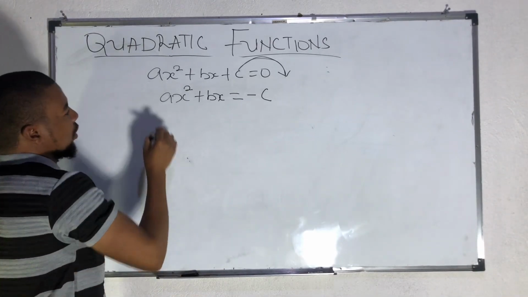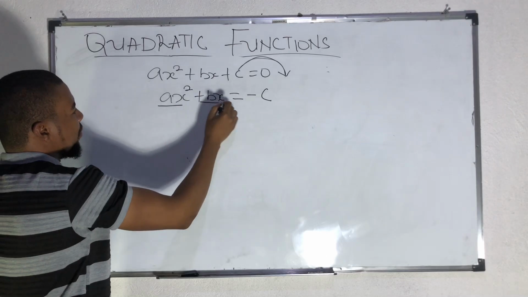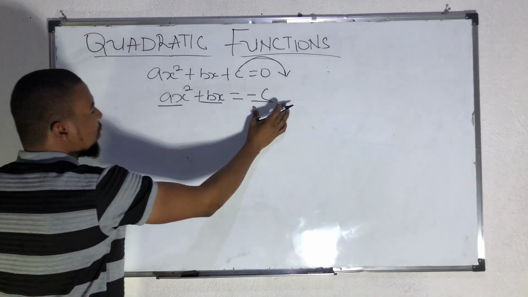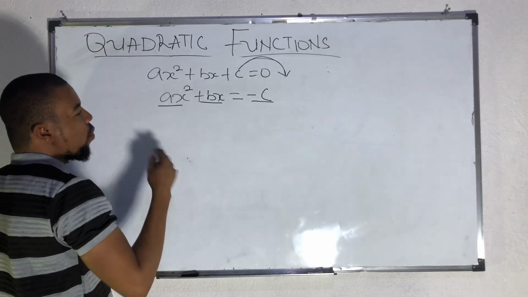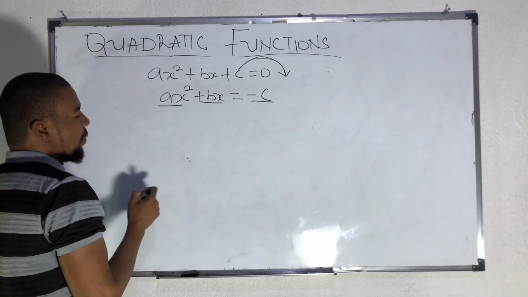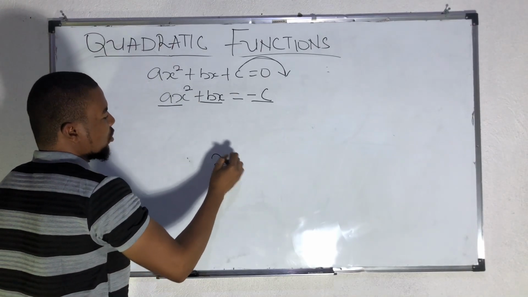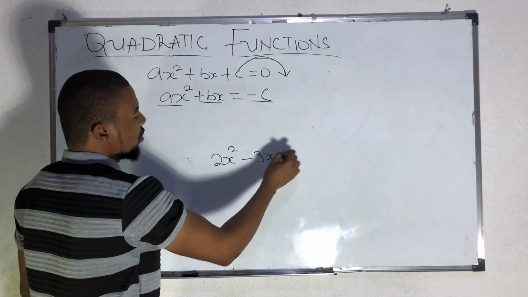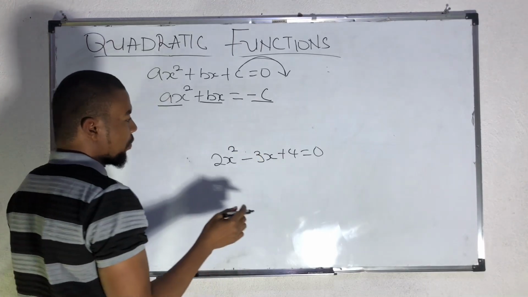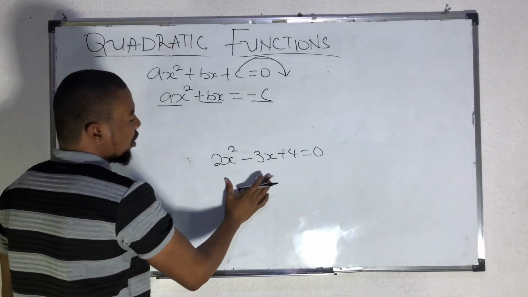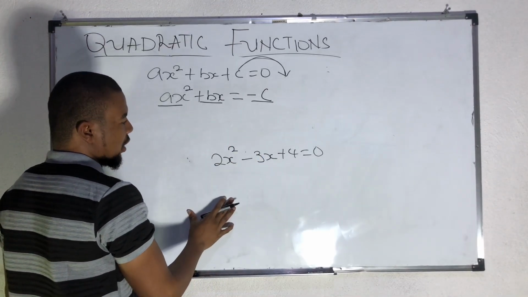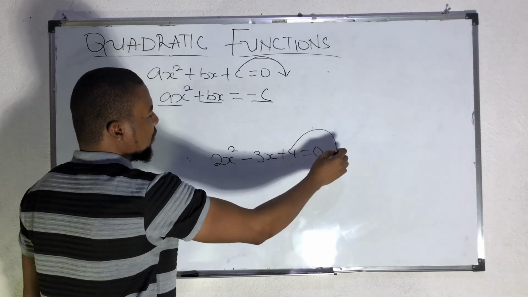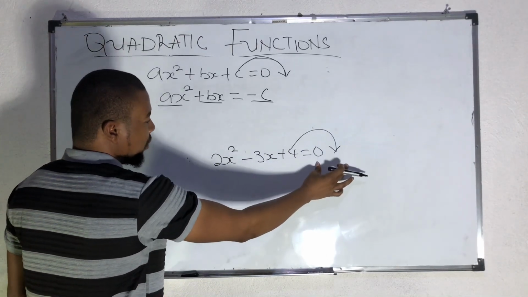Next up, divide everything by a. Divide the left part of the equation and the right part of the equation by a. Why do we do this? For example, if you have 2x squared minus 3x plus 4 equals 0, and you are asked to solve this equation by completing the square, the first thing that you have to do is to transpose your 4 across, and it now becomes a -4.